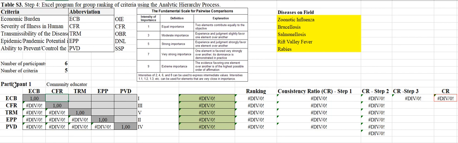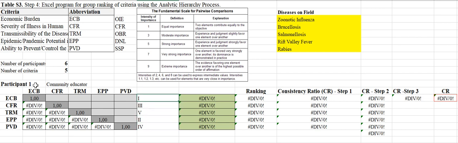And in here, I'm going to be a participant or the stakeholder, and I'm going to be a community educator. So, as a community educator, I want the criteria to be ranked with the outcomes like this.